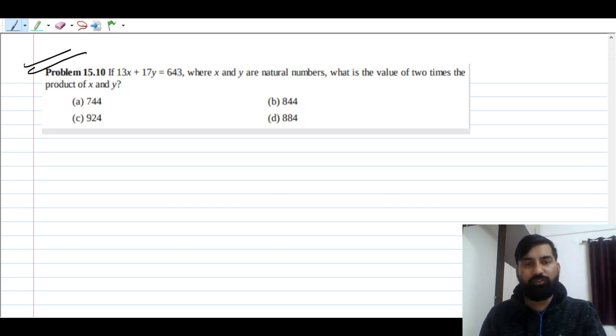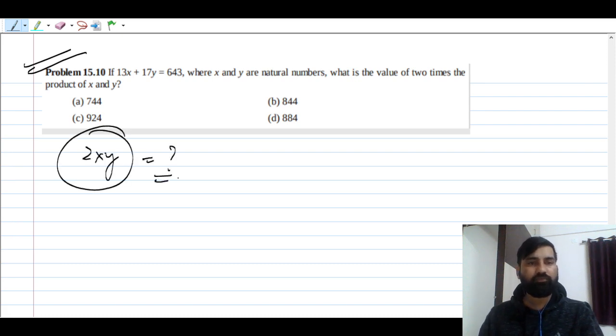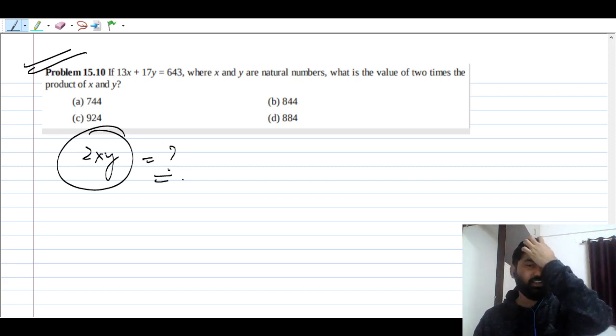We have to find the value of 2xy. It's a simple situation, we had to find 2xy. So here you have to find x and y, okay, and just take the product and multiply by 2, the answer will come, right.